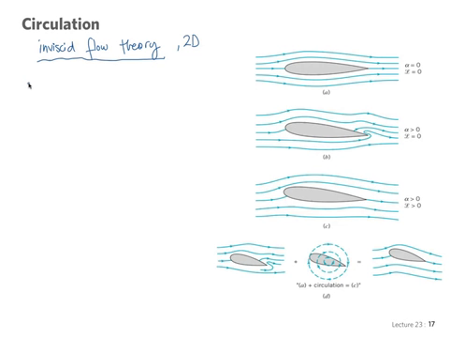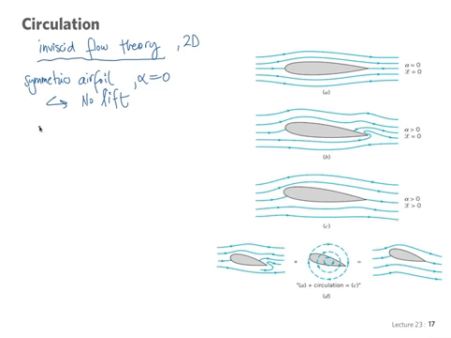If you have a symmetric airfoil at zero angle of attack, then there is no lift. It's the same case as a cylinder. The flow just goes around. We have one stagnation point in the front, one stagnation point at the back. The streamlines are completely symmetric, and there's no force whatsoever. Because this is inviscid, there's no drag either. There's just no force. That is the case for ideal flows.